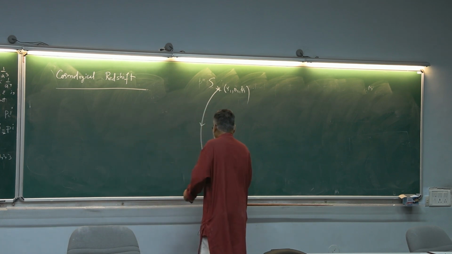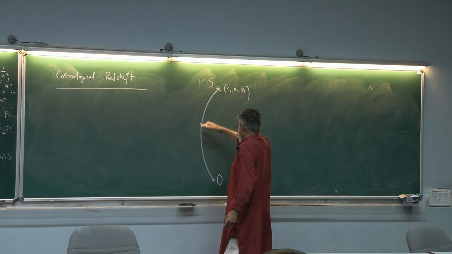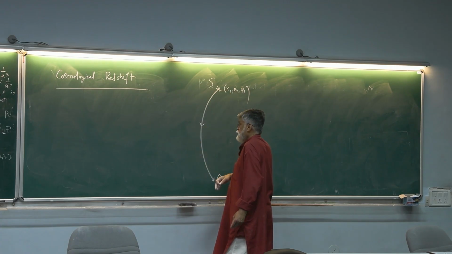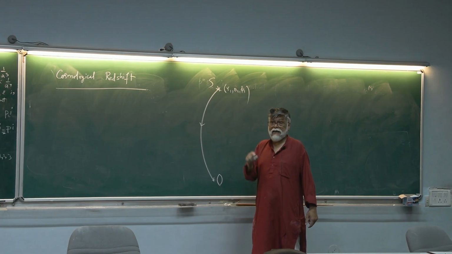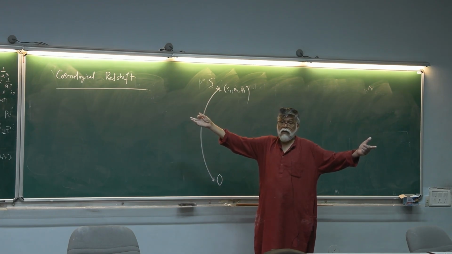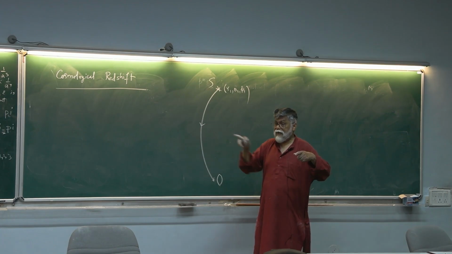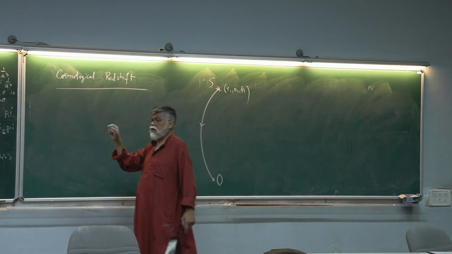We are going to talk about light traveling from the source to us. Obviously, light will follow a null geodesic, ds squared equal to 0, because in the local inertial frame ds squared is 0, since light travels with speed c, meaning c squared dt squared minus dr dot dr is 0.